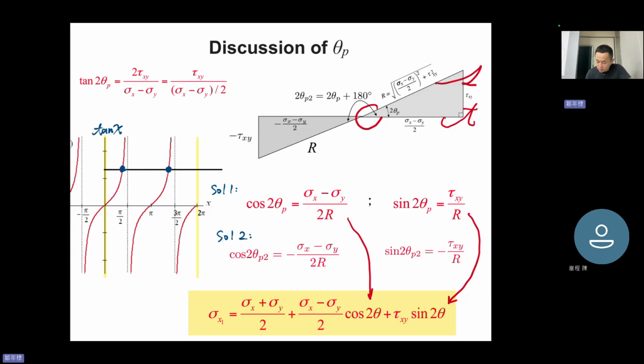So what is pi increment? Just adding pi, which is adding 180 degrees.